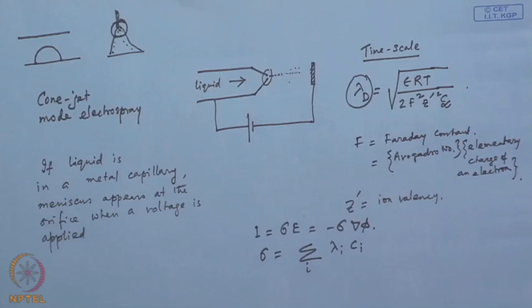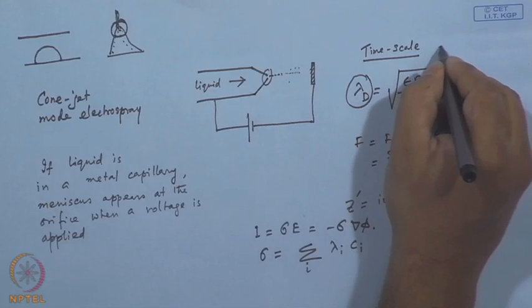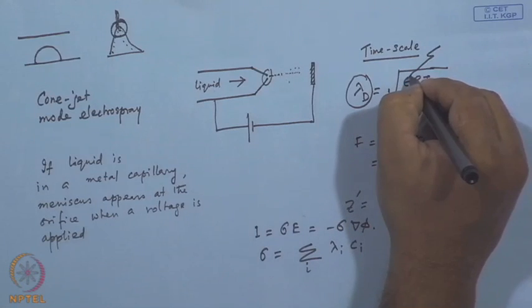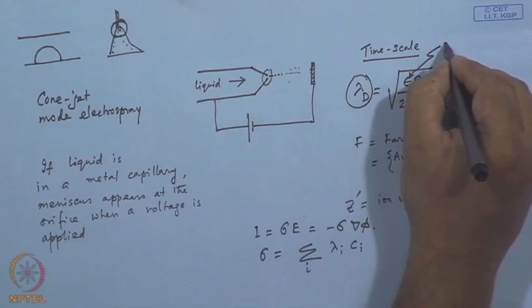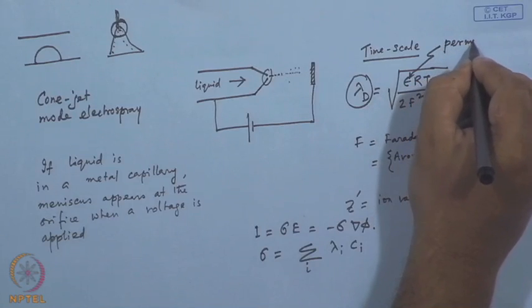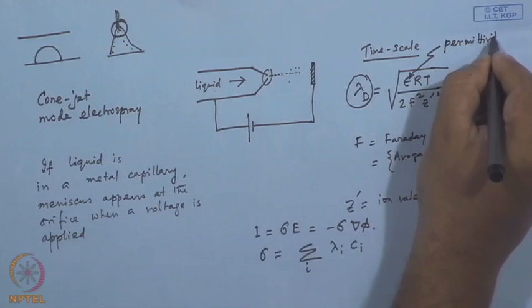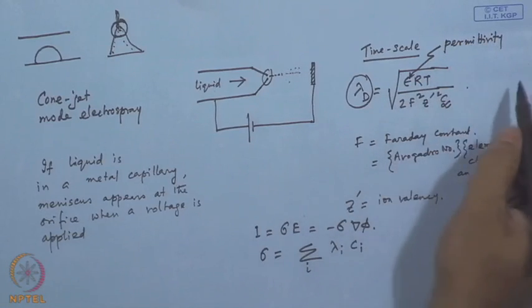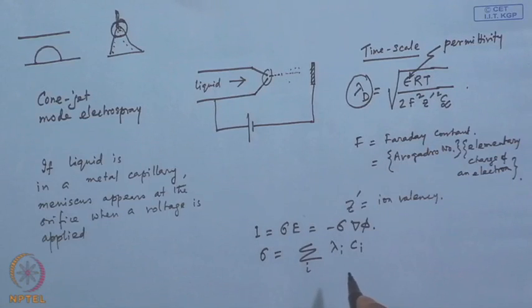Here we have to note two important terms. One is epsilon, which is permittivity, that we have already studied in connection with electroosmosis. On the other hand, this sigma is basically the conductivity.